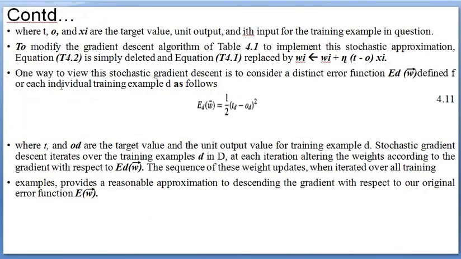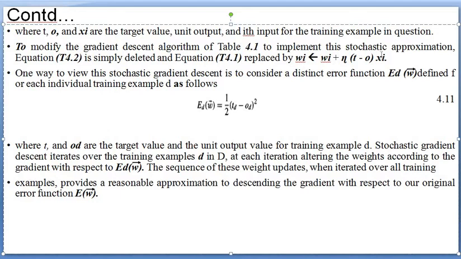Okay, where T is again the same target value, O is the output that we achieve from our example, and Xi is nothing but the input of the ith variable. So to modify the gradient descent algorithm of the table, we will implement the stochastic approximation.